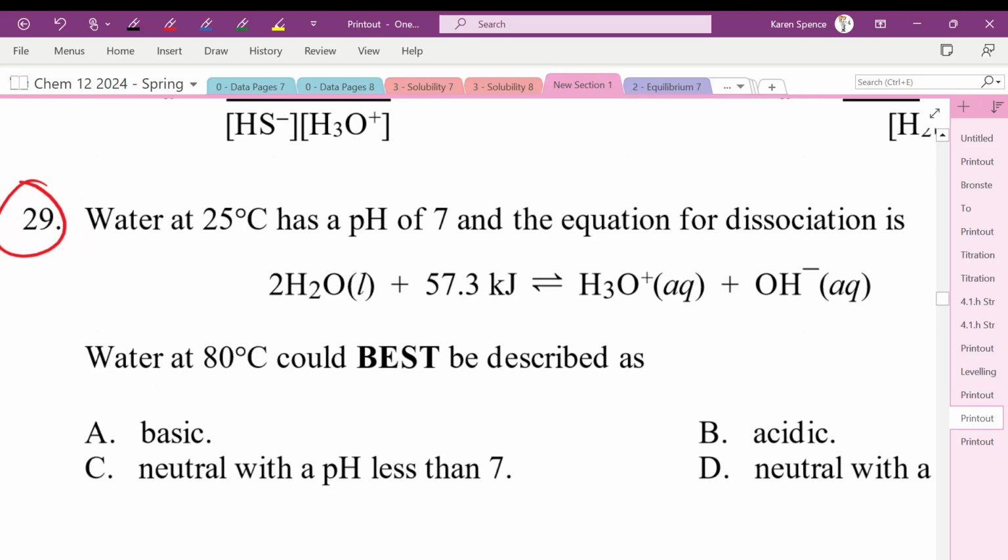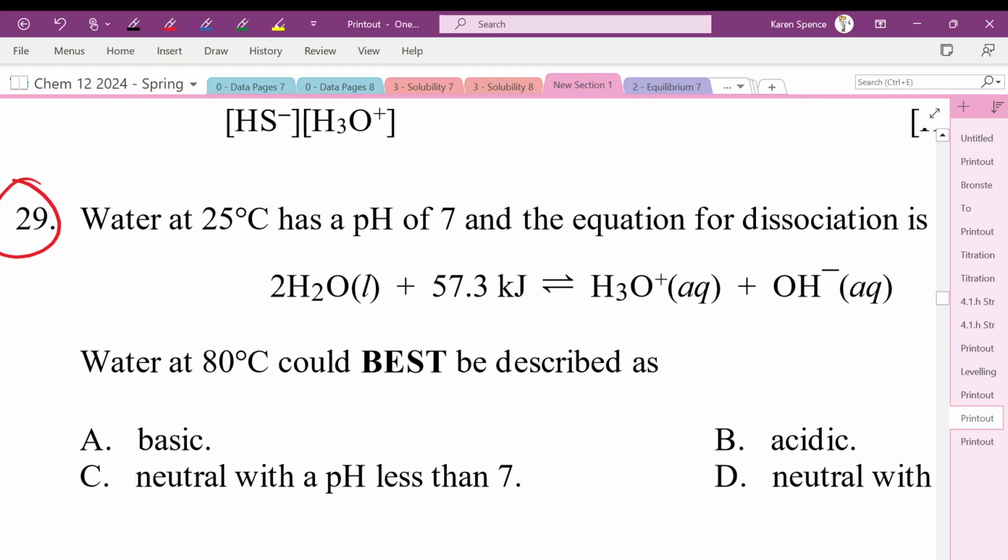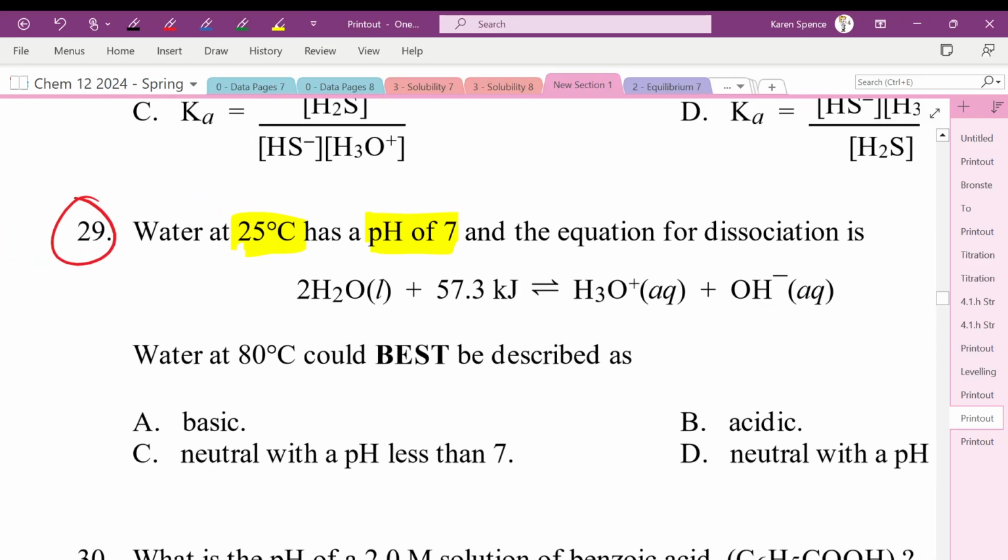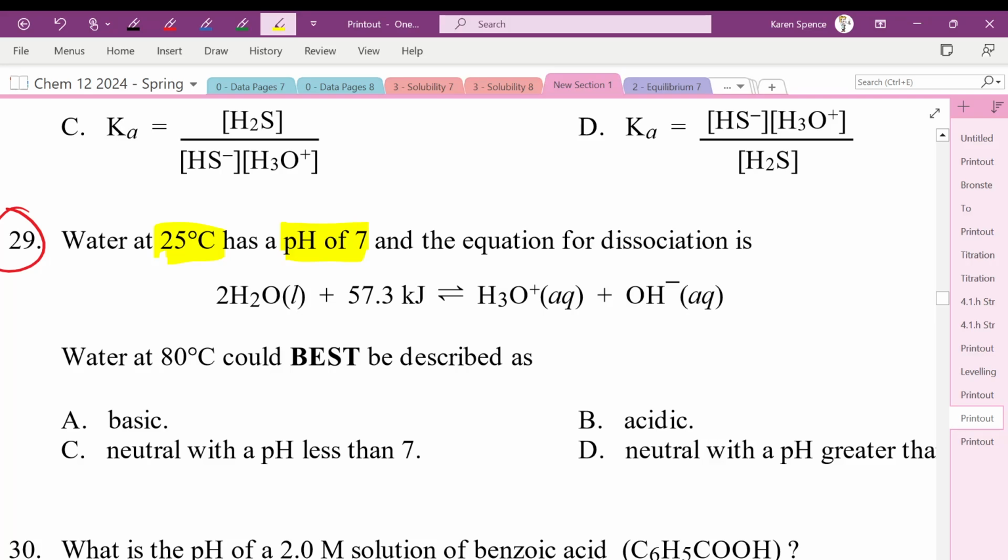Okay, so we have water at 25 degrees Celsius, has a pH of 7, that's at 25 degrees Celsius, and the equation for the dissociation is shown here. And we have a heat term here. And now we know that we are at 80 degrees Celsius.